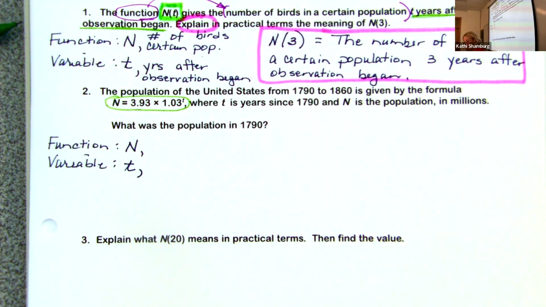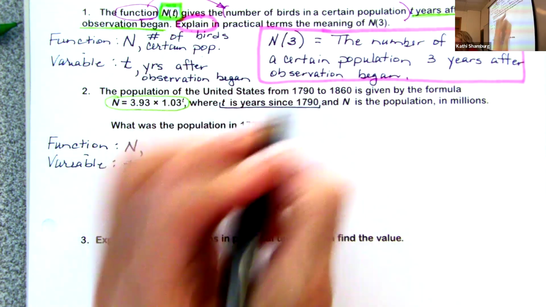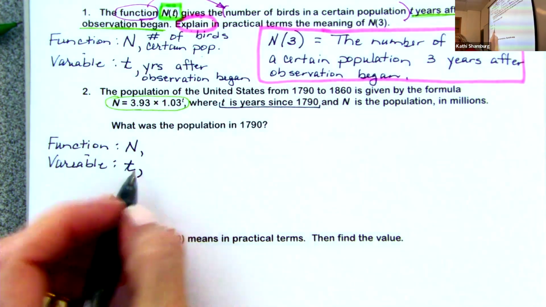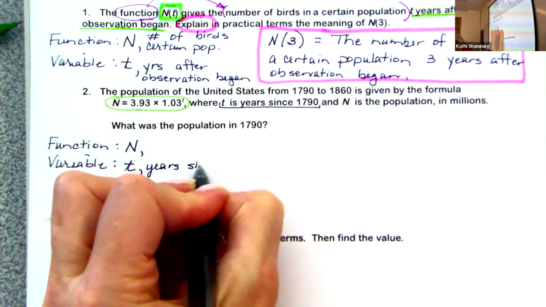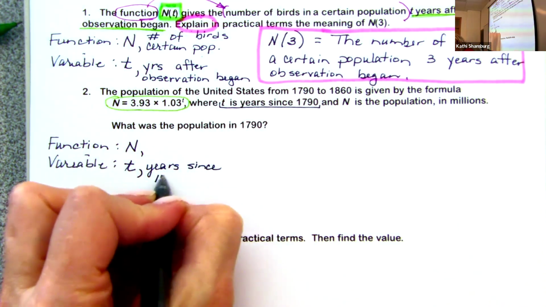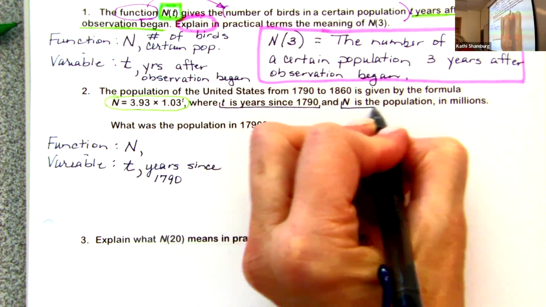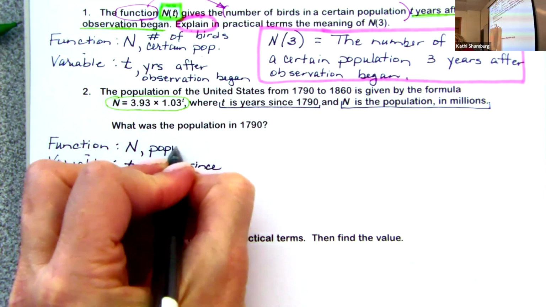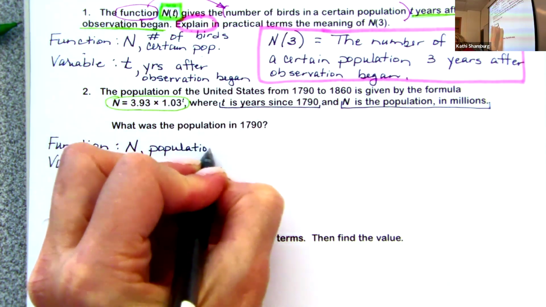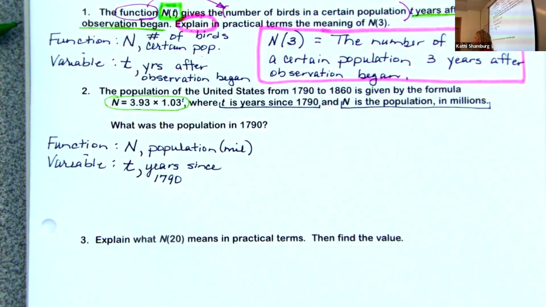They said T is years since 1790, so I can go to T and put years since 1790. And they said N is the population in millions. So population in millions.